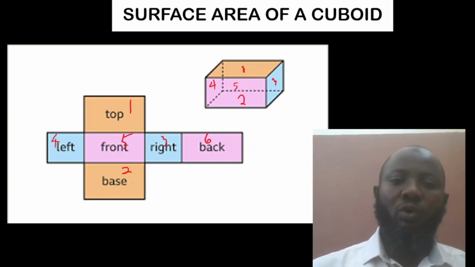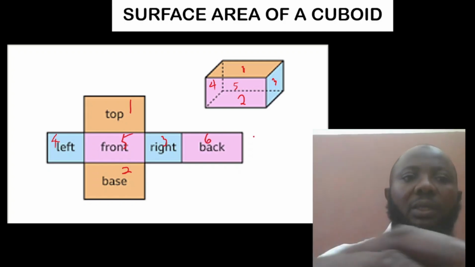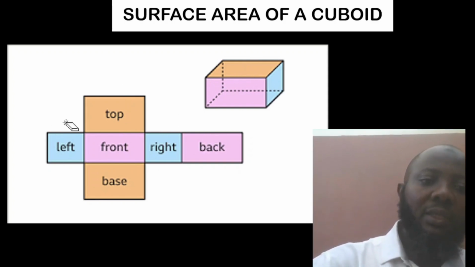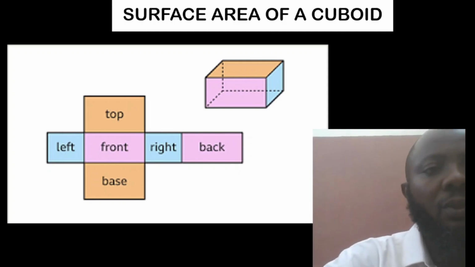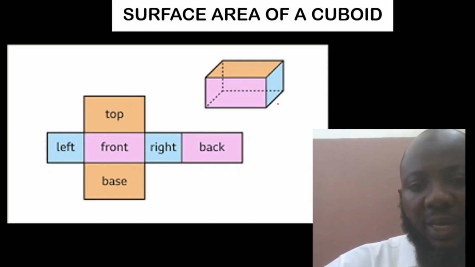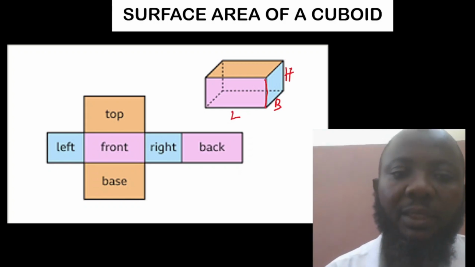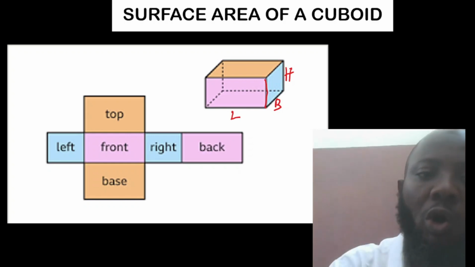So what we are going to do is label this and see what we're going to have. Let's have this side as the breadth, this side as the length, and this line here is the height, which is the same as this height here. All right, we want to find the area of this top here.